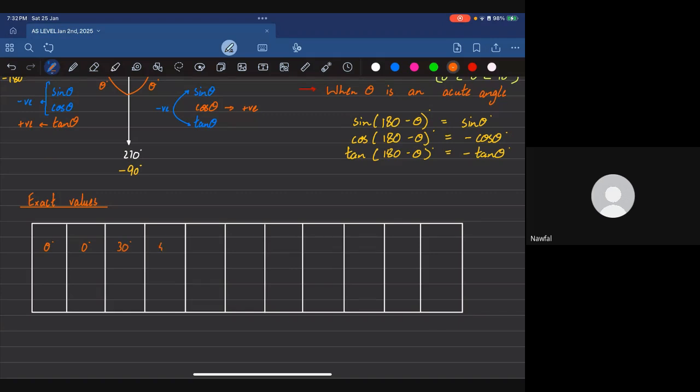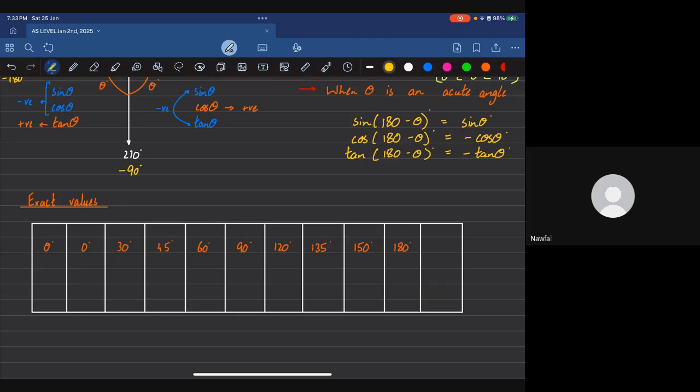I'm going to write the more generic ones from which you guys are usually asked about: 60, 90, 120, 135, 150, and usually we end it at 180. All right, that last column came to be of absolutely no use.